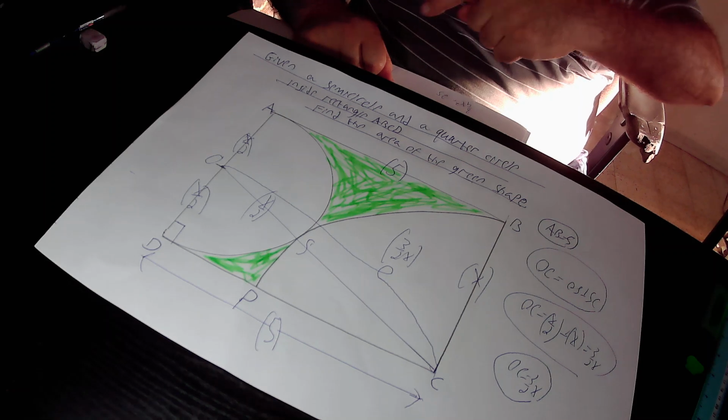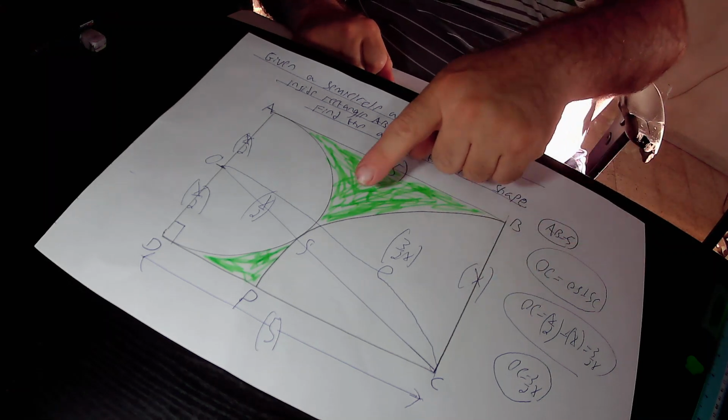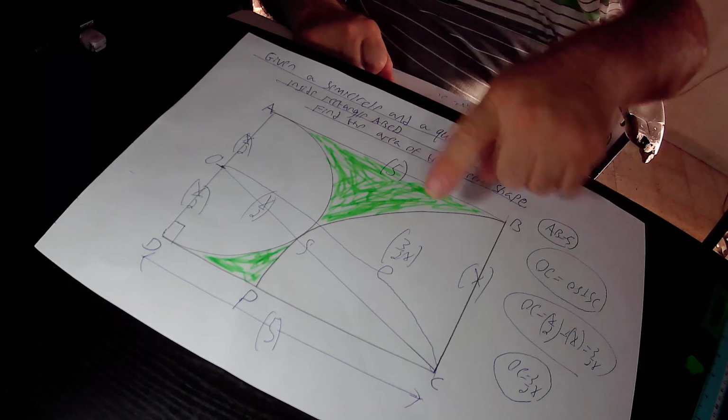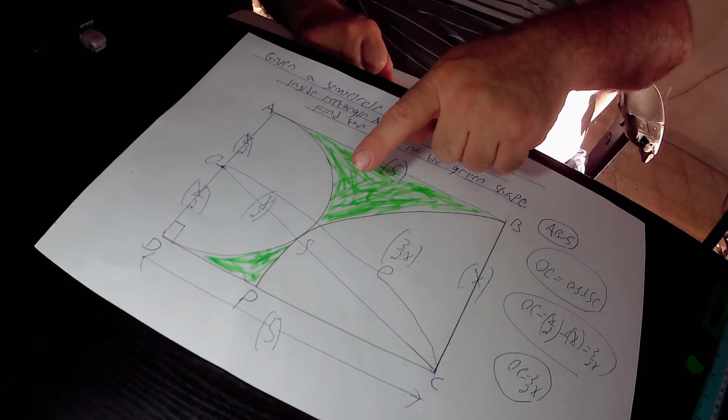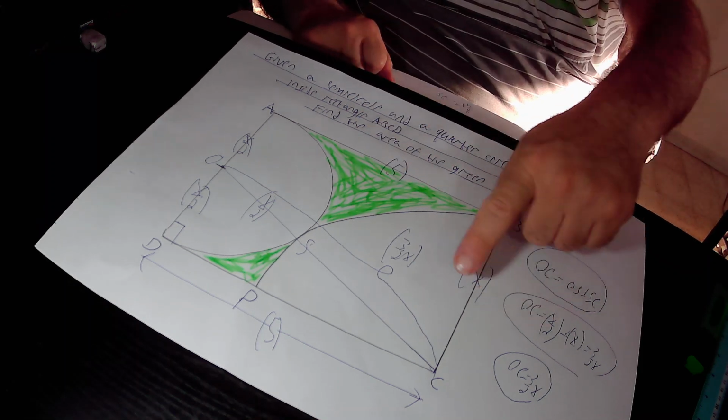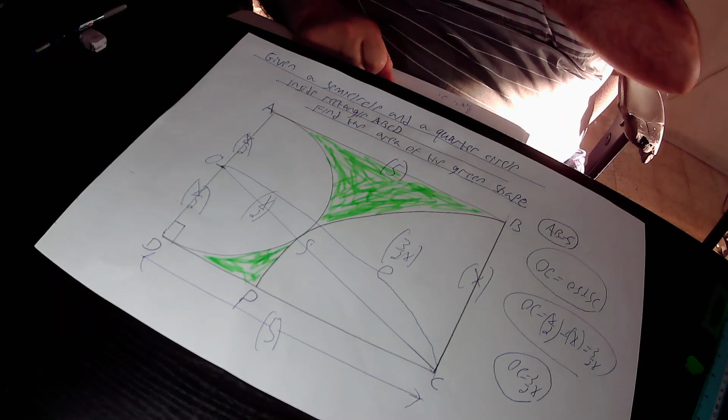And according to rule 10, the straight line OC must pass through point S, that is their touching point. Or OSC is one straight line.